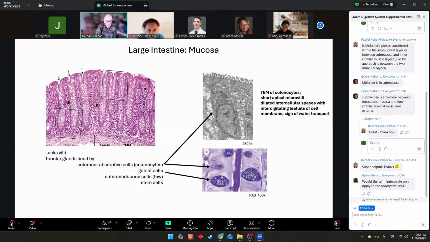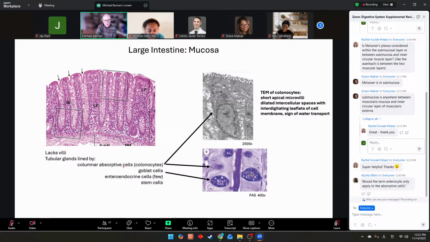And it has a muscularis mucosa at the deep edge, right? These tubular glands are lined by three major cell types: columnar absorptive cells, right? Colonocytes, goblet cells, and a few enteroendocrine cells, and actually a fourth type also, a few stem cells.